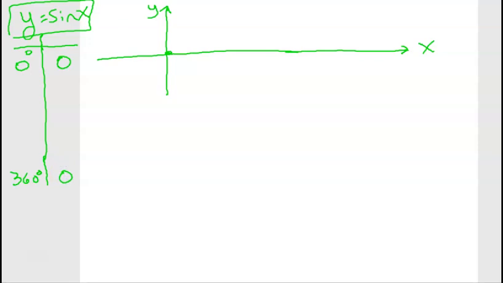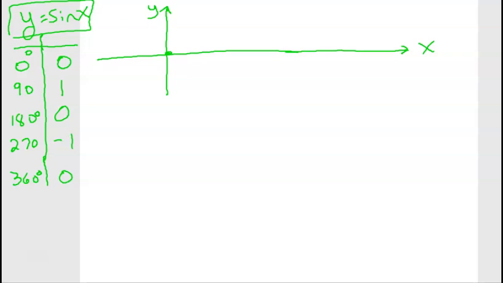Then we're going to divide this in half at 180, and at 180 you're going to get 0. Then at 90 we get 1, and at 270 you're going to get negative 1. Go back and look at that chart, but you'll see it.